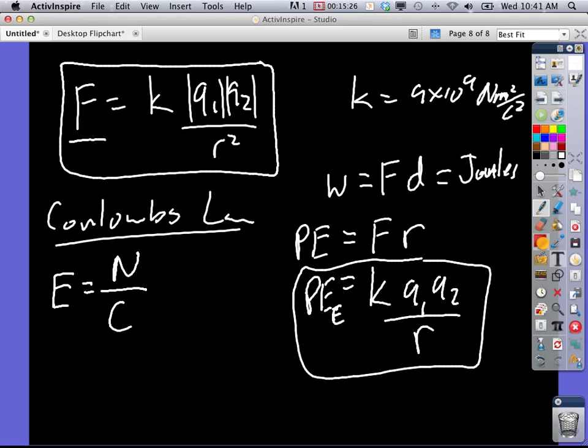Force is in newtons, right? Okay, and what letter is in coulombs that's up here? Q. Remember, Q is in coulombs. So if I take F over Q, I should get the equation for an electric field.